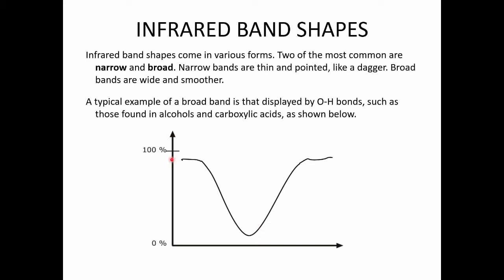What's important to know about broad bands is that they may be hiding other signals underneath. However, there are certain functional groups that will always have a broad band, and they're usually very distinguishable, such as the alcohol groups. Alcohol groups in an IR spectrum are going to be your best friends because they're almost the easiest thing to find.